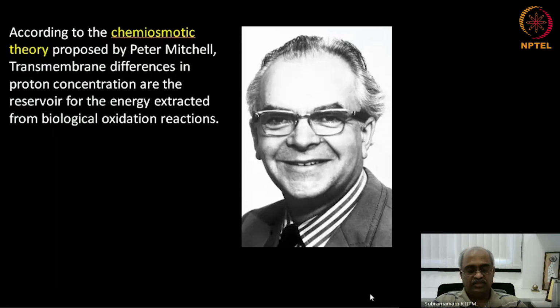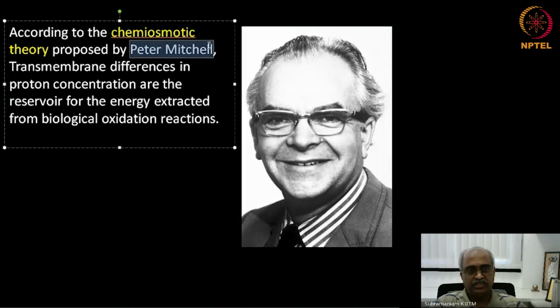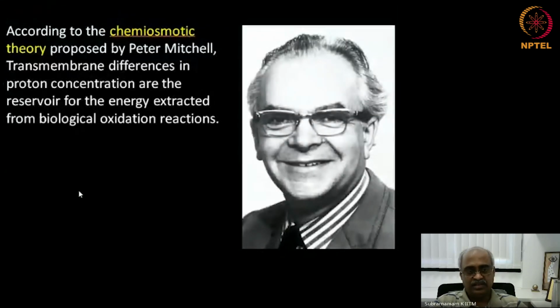This proton gradient being generated, and this proton gradient being responsible for the ATP synthesis, this entire thing collectively is called the chemiosmotic theory. This was proposed by the British scientist Peter Mitchell, shown here, and he won the Nobel Prize for this because this is one of the central findings in all of biology.